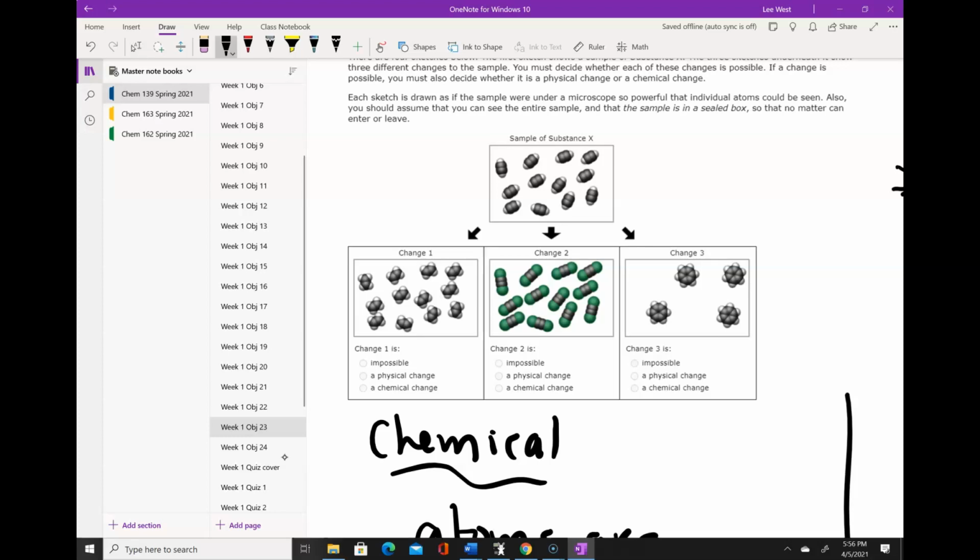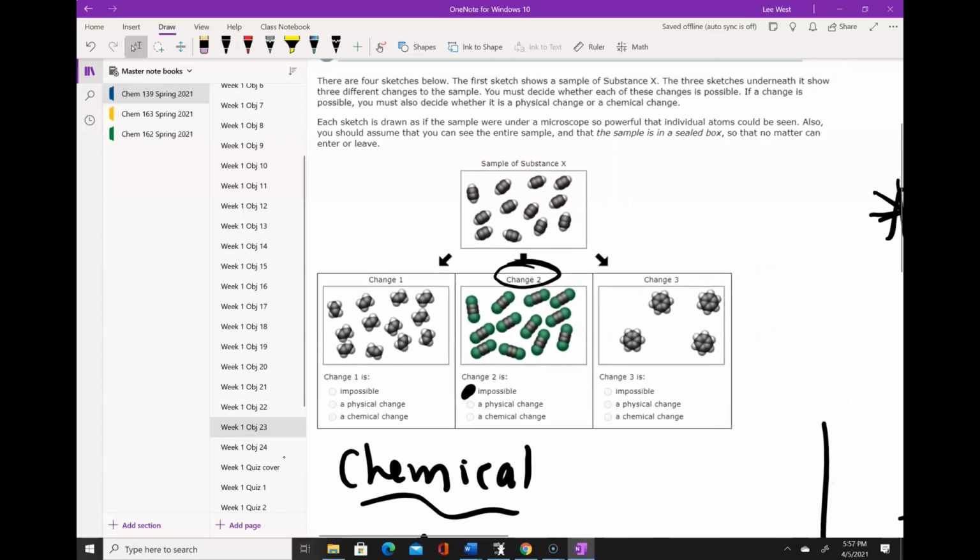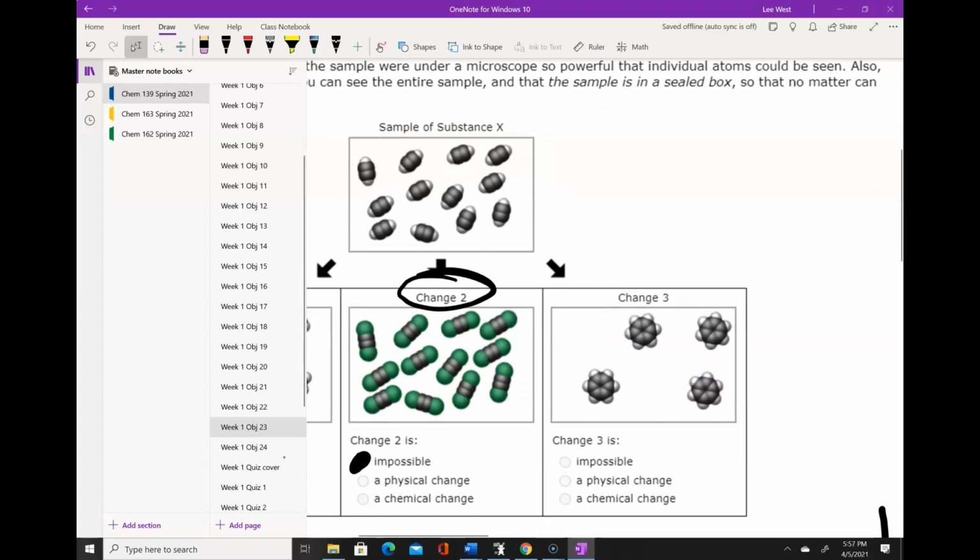So change number 2 here, where it looks like our white atoms got turned into green atoms, has to be impossible. So there it is. Now the other ones are kind of plausible at this point in time, but we need to think about the number of atoms of each type.